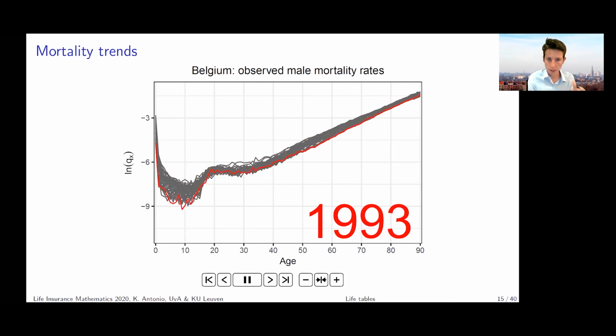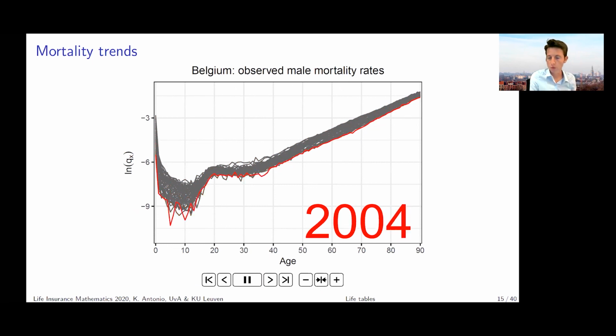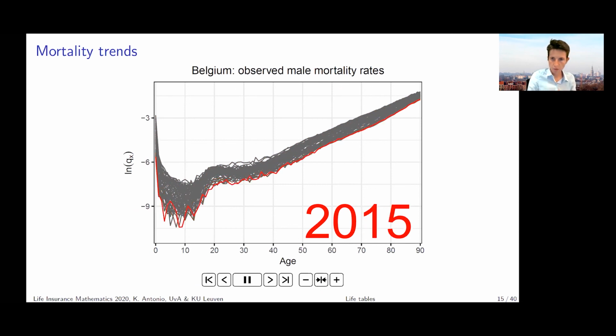And you see here clearly that our mortality rates decrease over time, right? And that's also what we refer to with this longevity phenomenon, that people tend to live longer due to improvements in healthcare, in living conditions, and so on and so forth. So here you saw how we evolved from the data in 1950 to the data in 2050.